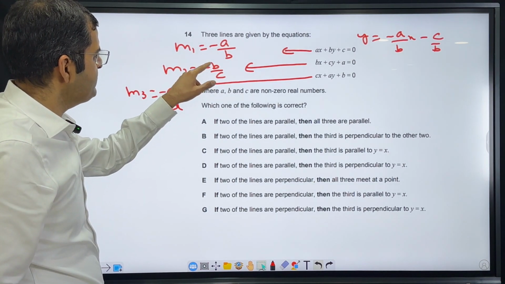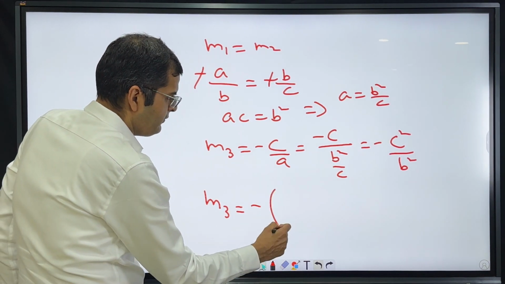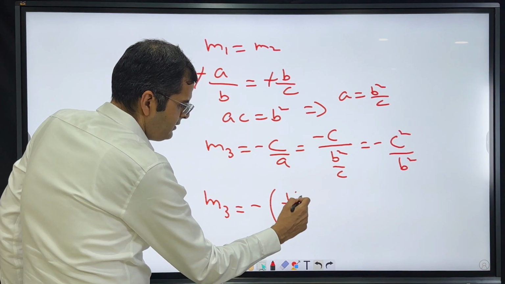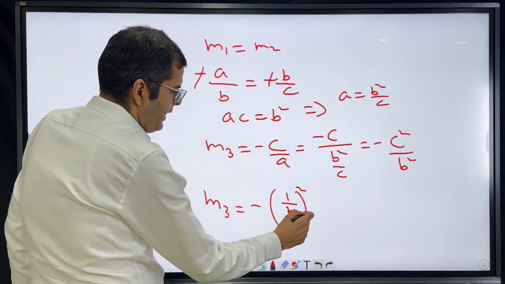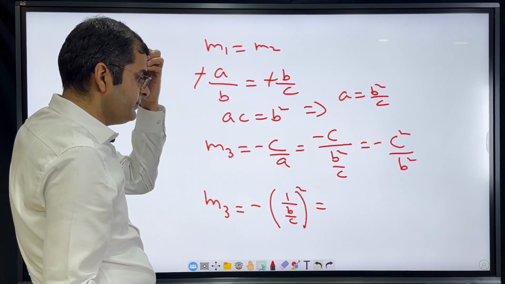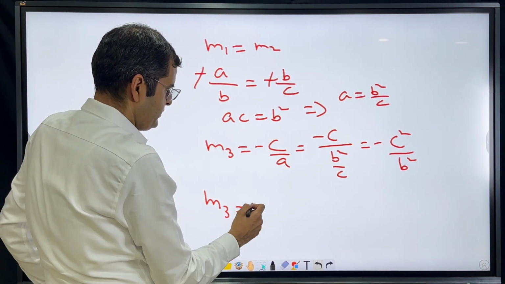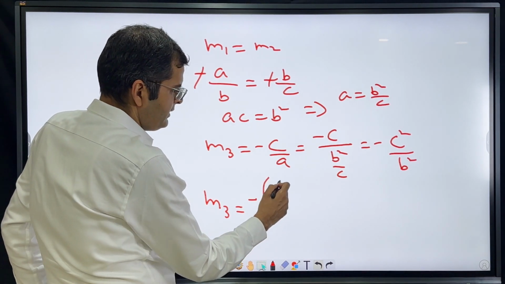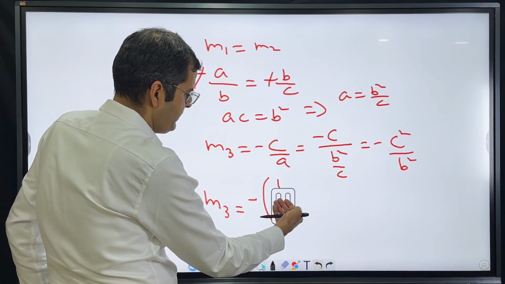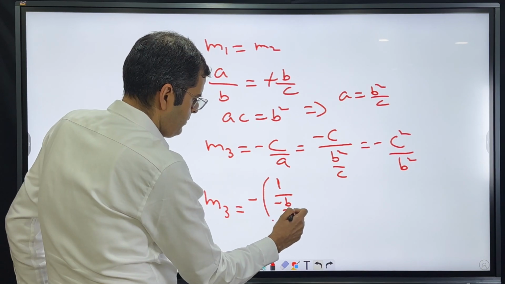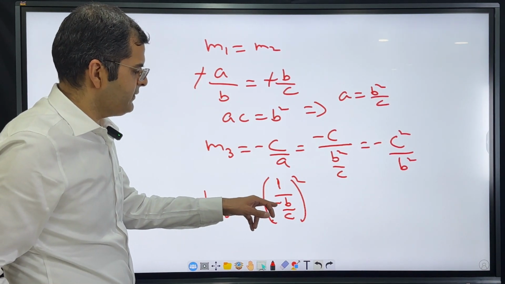And minus B by C is m2. So m3 is equal to minus of 1 upon B by C whole square. Or I can write it as minus 1 upon B by C whole square. Why am I taking this as minus?